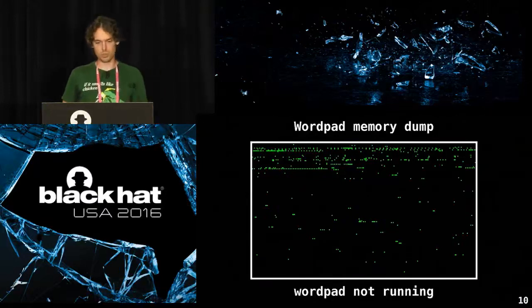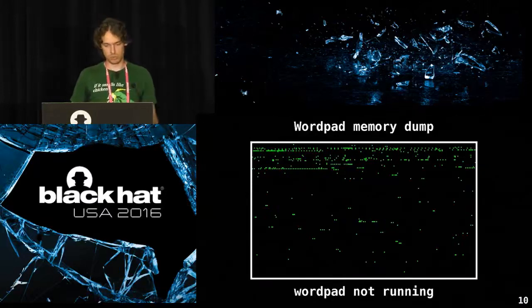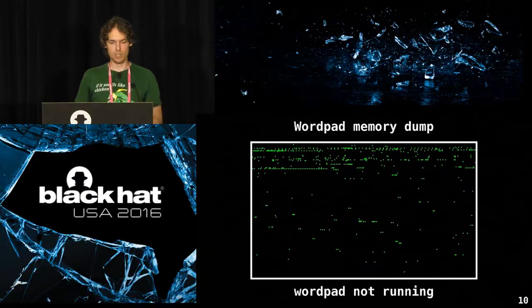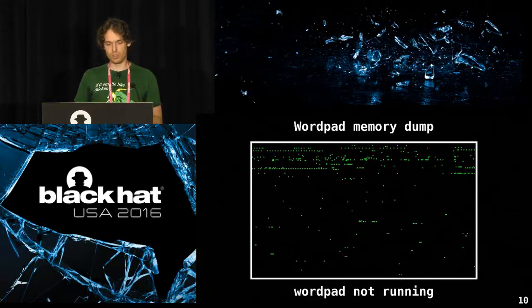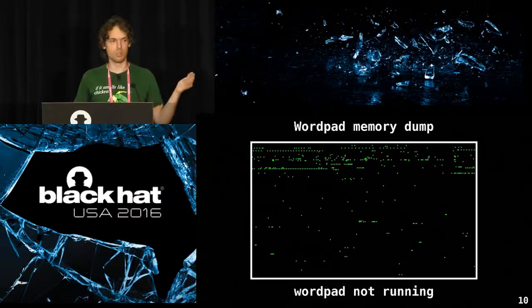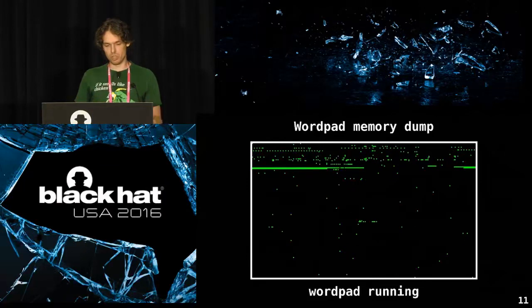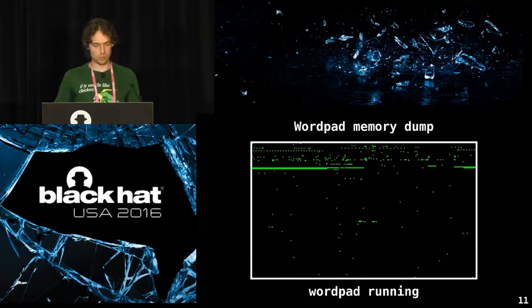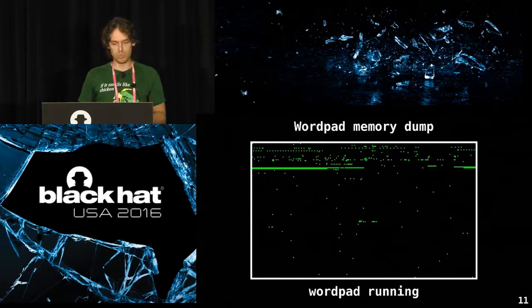This is a memory dump of WordPad, and then we restarted Windows, so that the ASLR is all different. And these are two measurements where WordPad wasn't running. We see some deduplication of pages which are probably always in the system. And then when WordPad is running, we do see some extra pages being deduplicated.